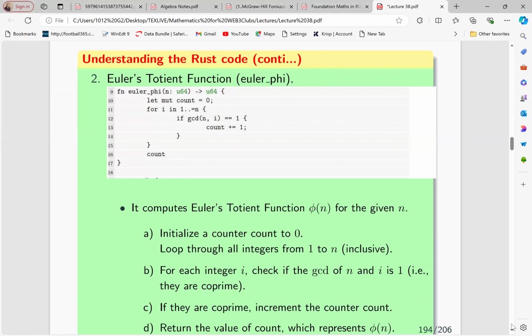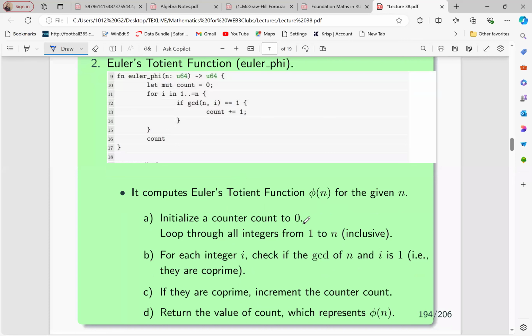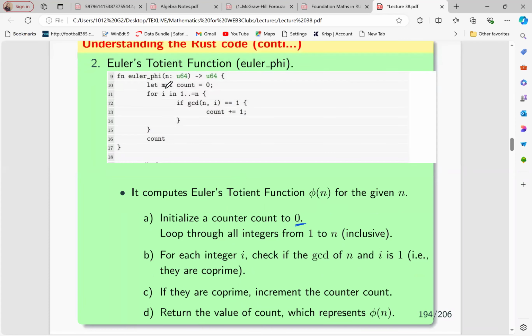Now, we have the Euler totient function, and it does what it does. I've already said it will begin by taking the Euler phi to be 0. This is mutable, that is why it's let mut count, and then we'll be counting, changing from 0 to 1 and so on.